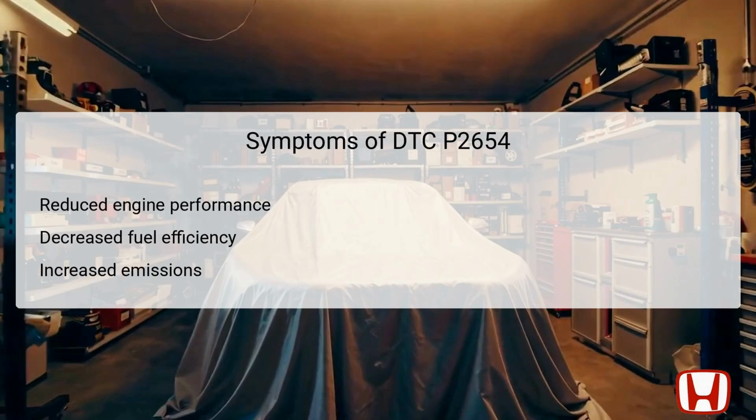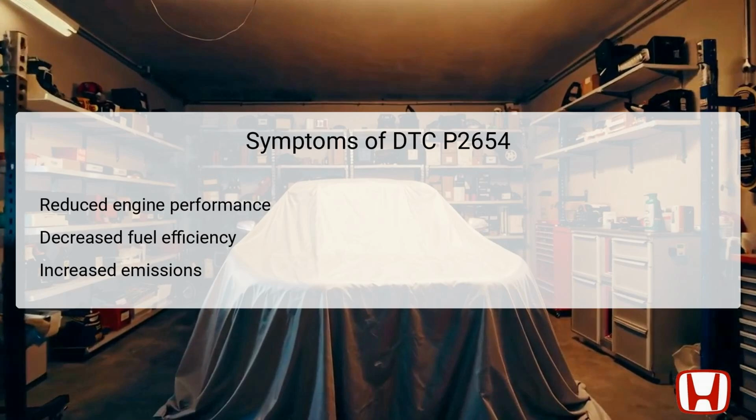Several symptoms may be indicative of the DTC P2654 error. First, drivers may notice reduced engine performance due to improper valve timing. This could manifest as sluggish acceleration or inability to achieve optimal RPM levels. Additionally, there could be decreased fuel efficiency, as the engine may consume more fuel to compensate for suboptimal operations.